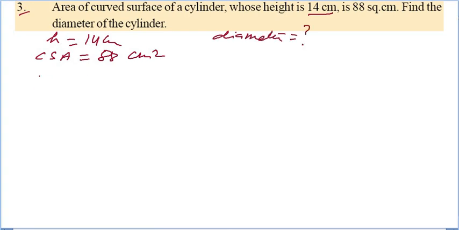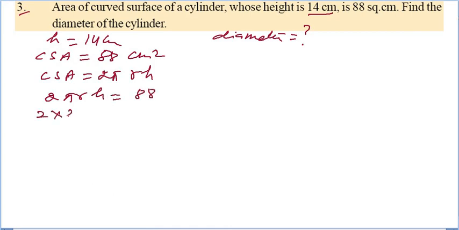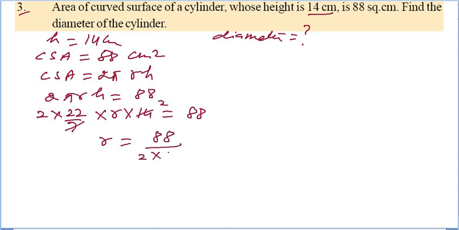So first of all, the formula of CSA is equal to 2 pi R H. So apply the formula. 2 pi RH is given as 88. So 2 pi is 22 upon 7, and R we don't know, and H is given as 14. And it is 88. So 7 1 ja 7 and 7 2 ja 14. So R will be equal to 88 divided by 2 into 22 into 2.